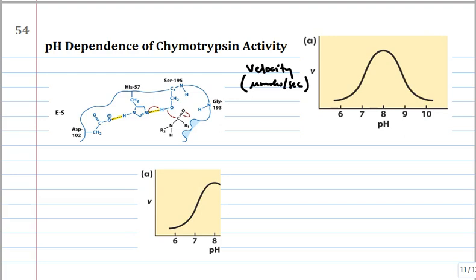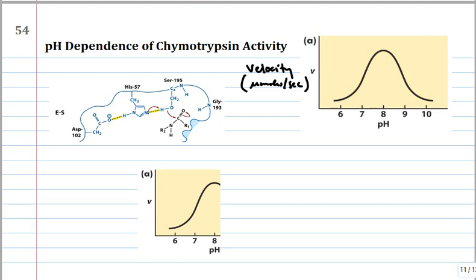All right, you know any pH profile is a sigmoidal curve, but you can stitch two sigmoidal curves together and sometimes you get a bell-shaped curve like we have here for chymotrypsin. So there are two important ionizations in terms of enzyme activity. And how can you tell what the pKa of these ionizable groups that are so important is?